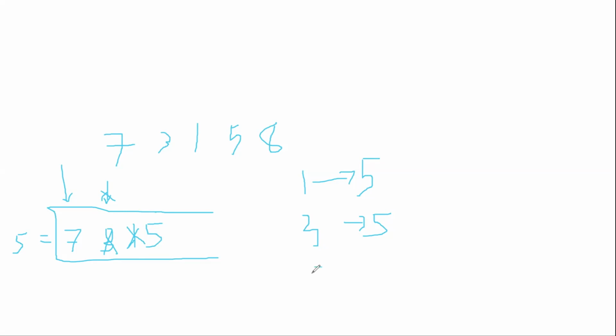Yeah. So 5 points to 8. Remove 5 from here. Is 8 greater than 7? Yes. So 7 points to 8. Remove 7 from the stack. Now the stack is empty. So in that case we put 8 to the stack. Let 8 be the first element in the stack.